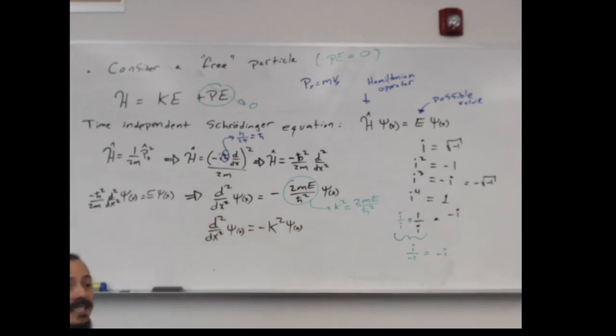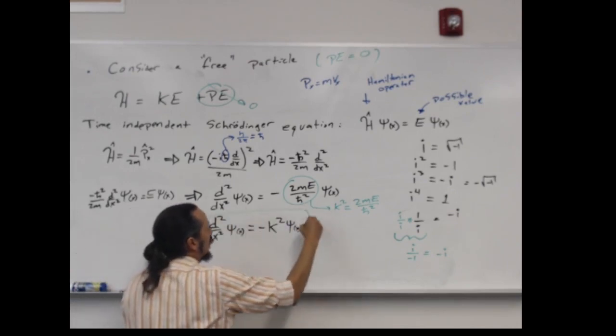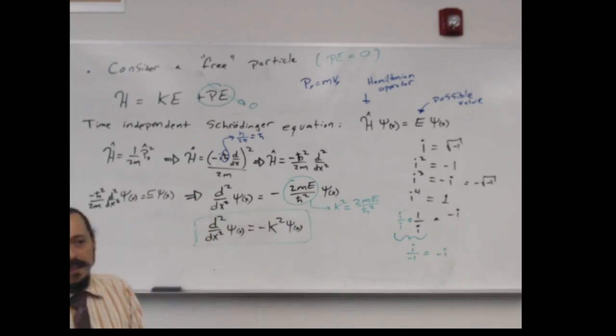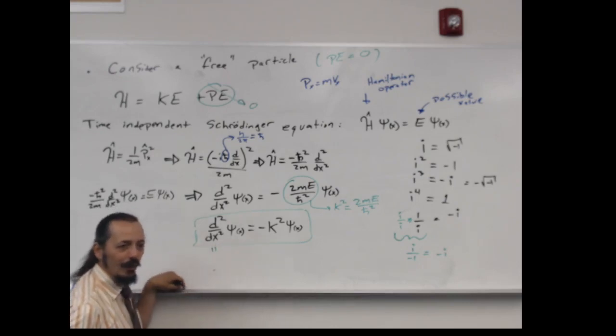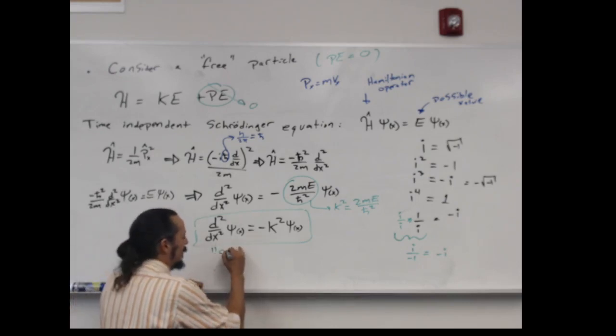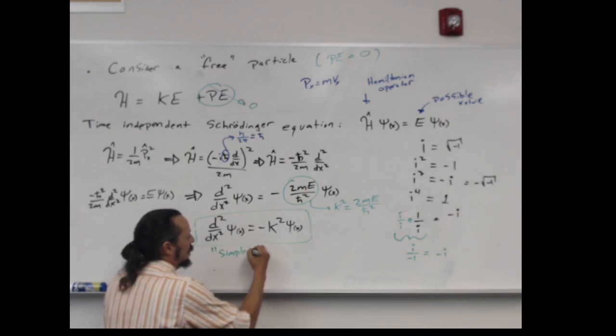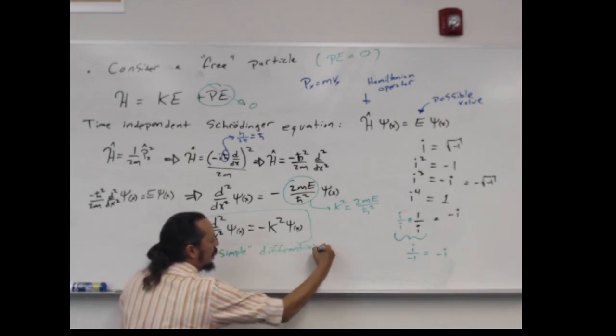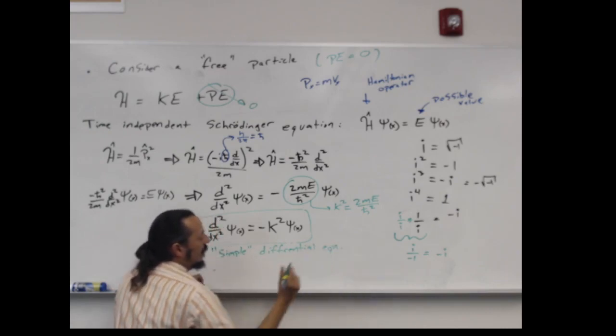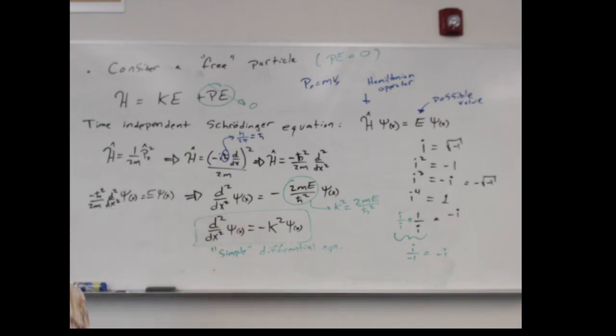Right? And this is the problem we did at the end of class last time. That's a simple, okay, I'm going to call it simple, but the word simple is always a trap. That's a simple differential equation.